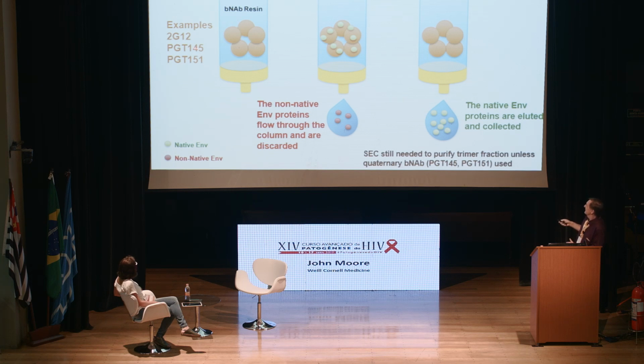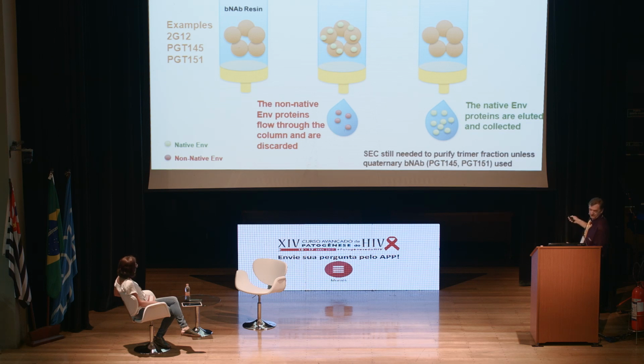If you use an antibody like PGT145, which only recognizes trimers, it is completely specific for trimers, you can take a transfection supernatant and in one column run, in 20 minutes, make a pure trimer preparation. You can do further purifications, such as size exclusion chromatography. But essentially, at least for research lab purposes, a PGT145 column will make a purified trimer preparation from a transfection supernatant in minutes.